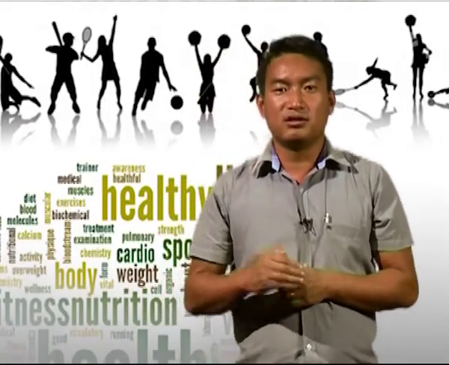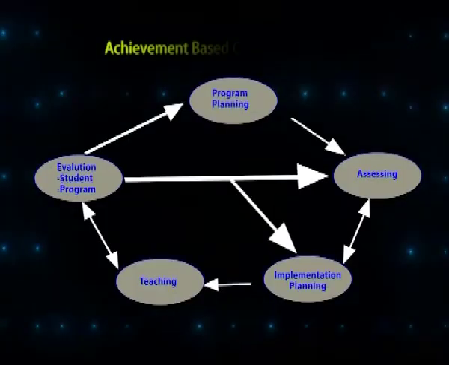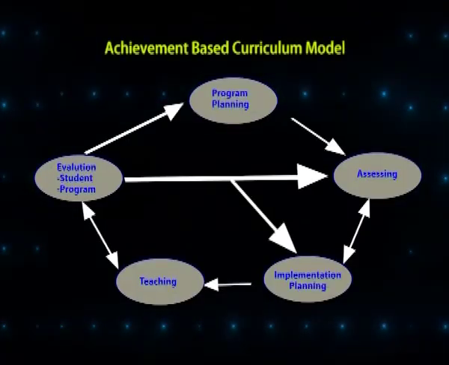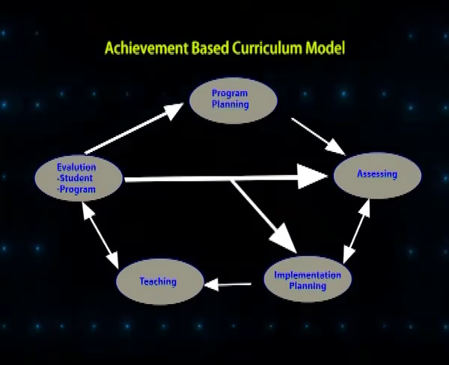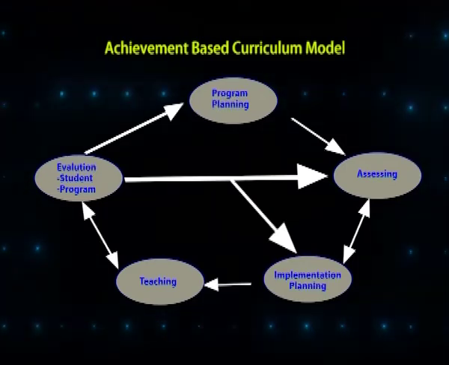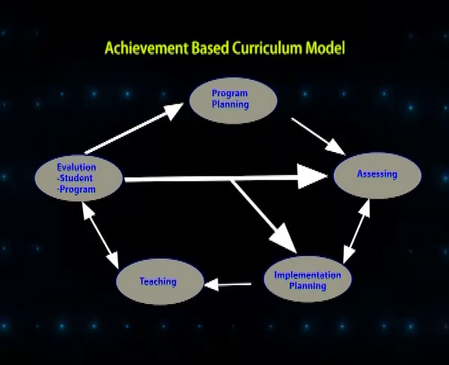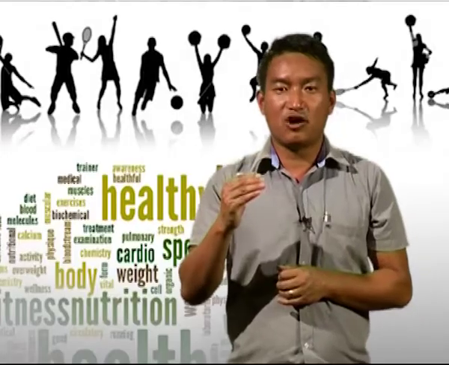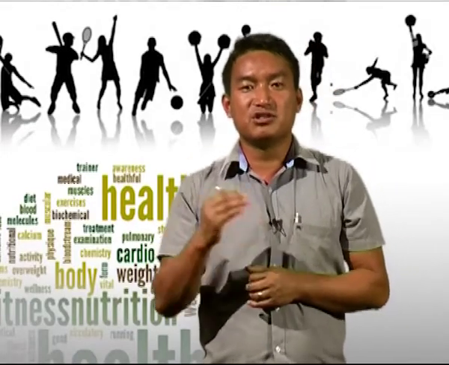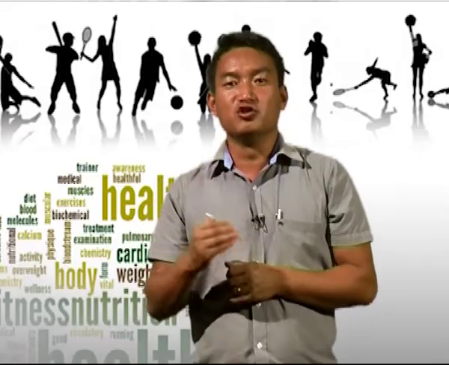These two authors have proposed an achievement-based curriculum, that is ABC, model for designing an entire physical education program that systematizes the concepts and steps necessary to implement an individual program.